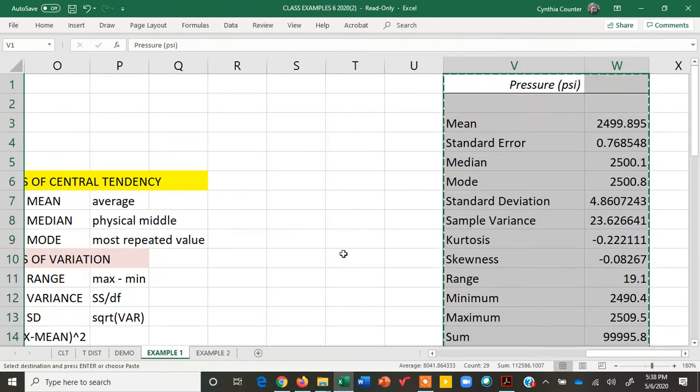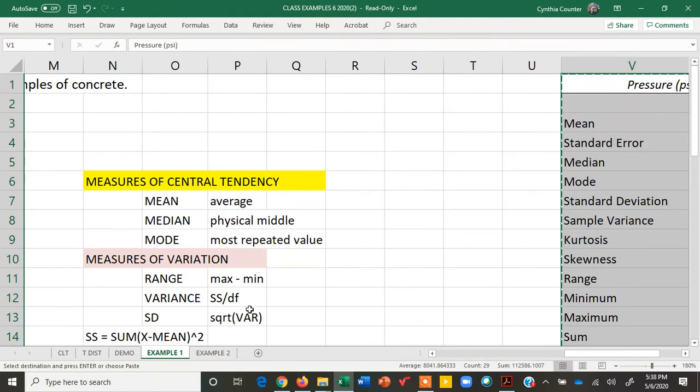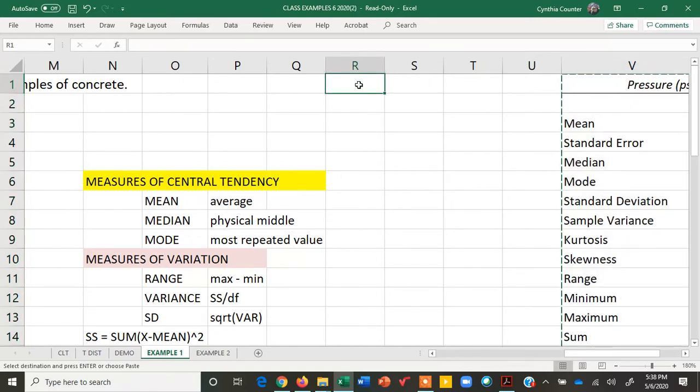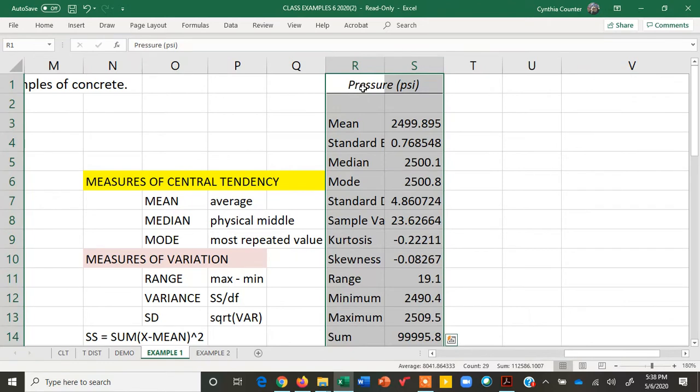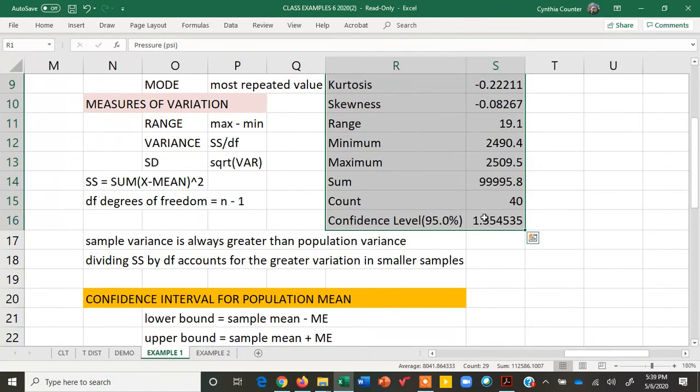And I'm going to bring it over here so it'll be closer to see next to my explanations for the different measures we're going to look at. So I'm actually going to put it over here, starting in R. Notice I've simply highlighted that cell. I can just hit enter and everything has moved over. Again, I need to open this up so we can see all the descriptions. Looks good. Didn't override anything.